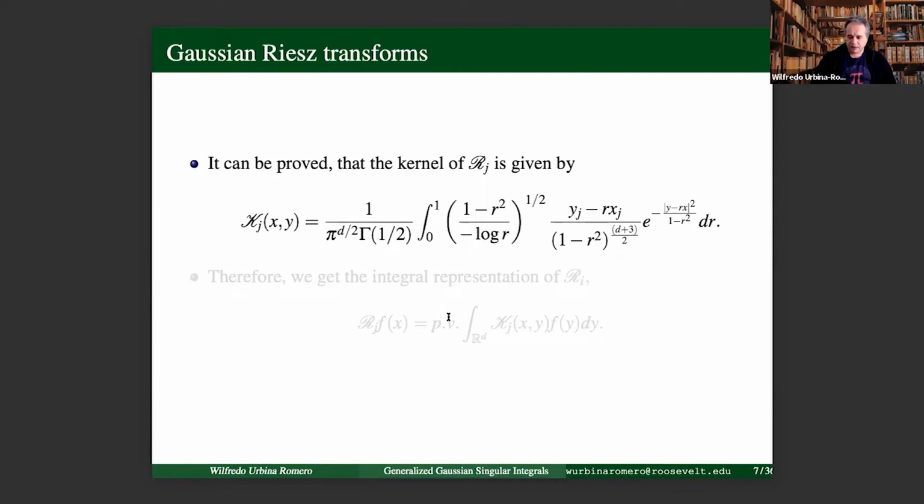This is the kernel, and therefore the Riesz transform can be represented with this integral. See that this guy is not a convolution operator because we have this R here that bothers us.